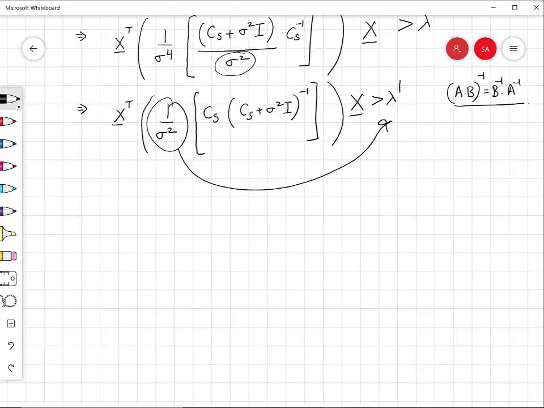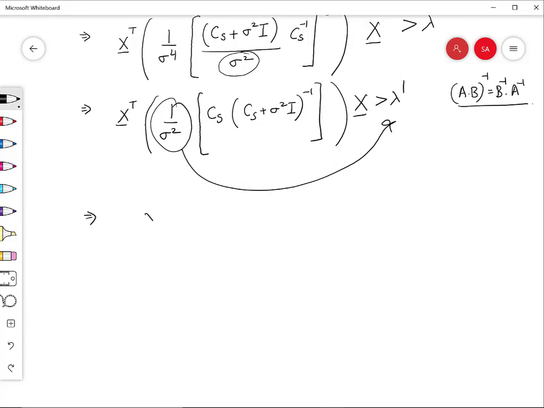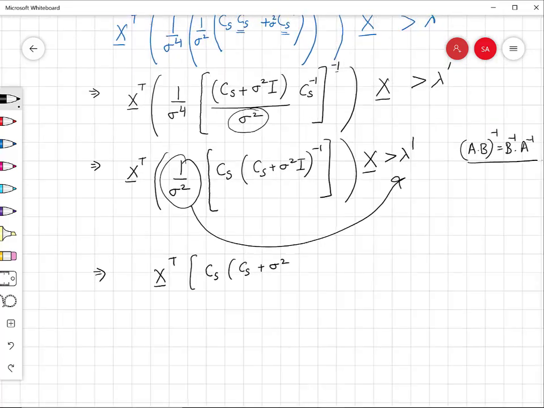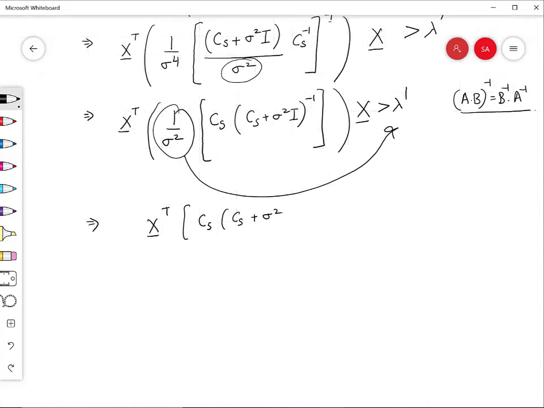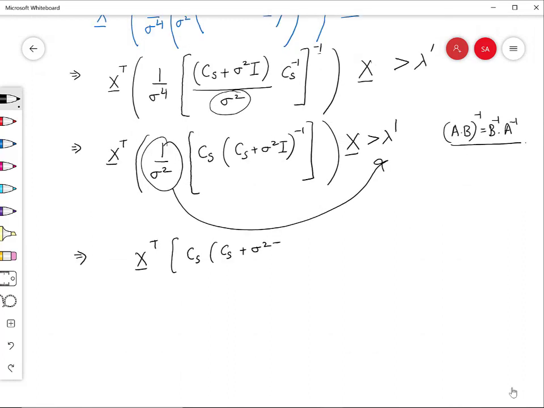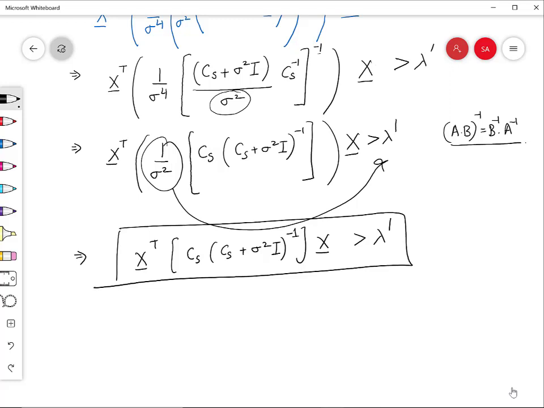So what I am left with is x transpose C_s times C_s plus sigma square I inverse of x is greater than lambda dash, and this is what we get as our final test statistic.